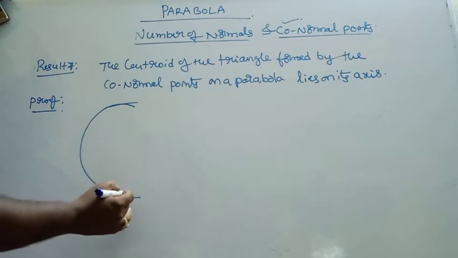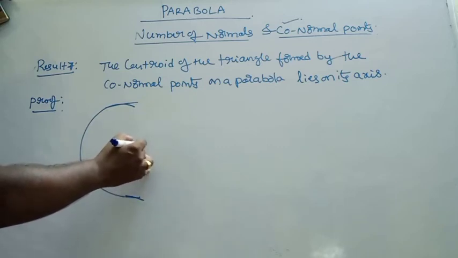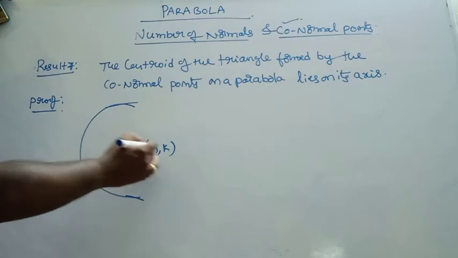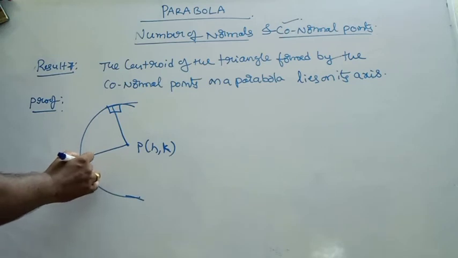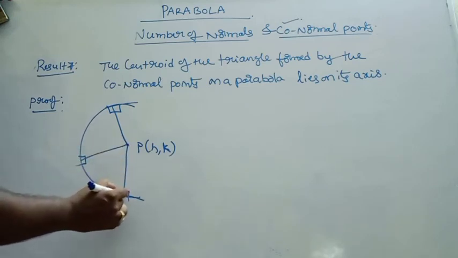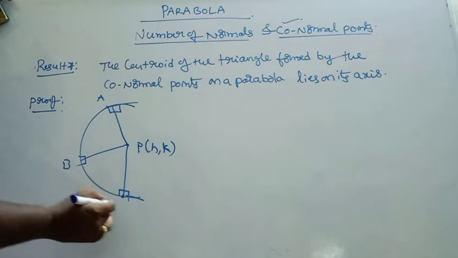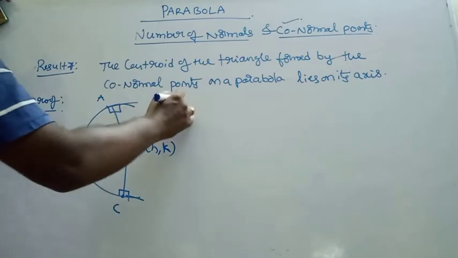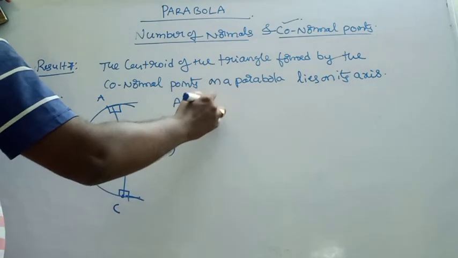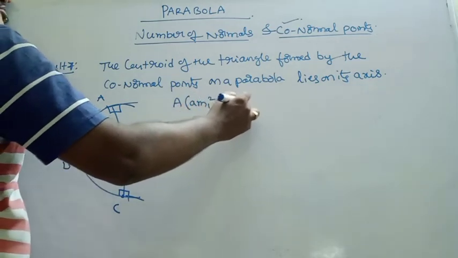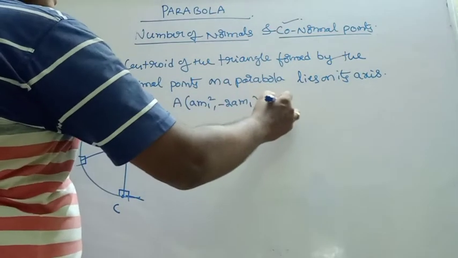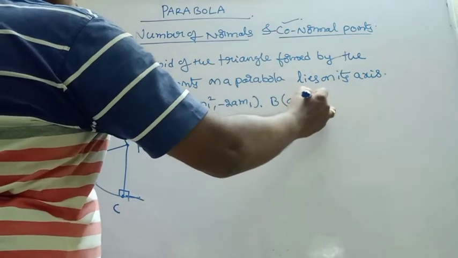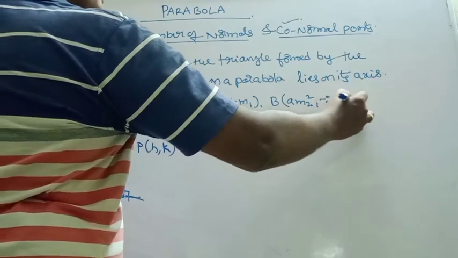I told you that if you have a point P, h comma k, you can pass three normals through it. These are the conormal points A, B, C. A is A m1 square comma minus 2A m1, and B is A m2 square comma minus 2A m2.